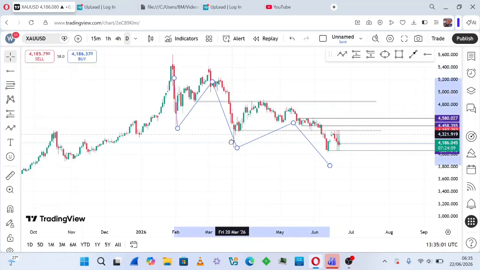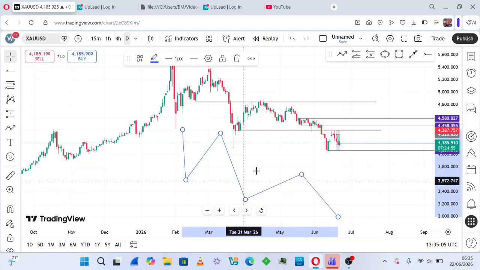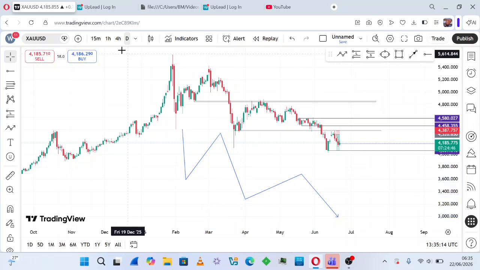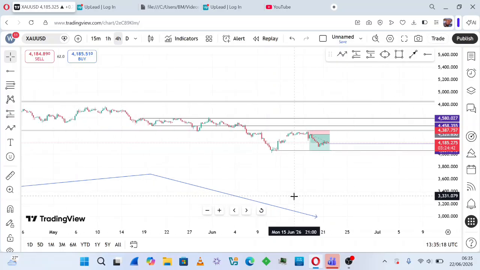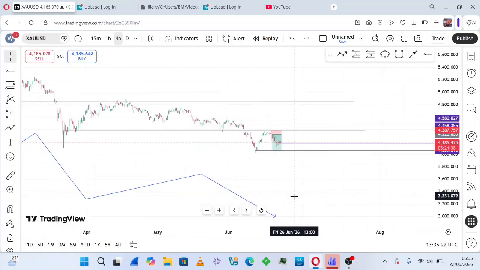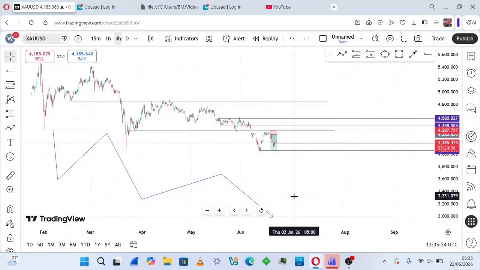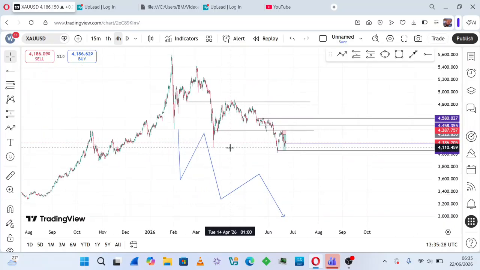These have given us where the market is going. Let's go to the 4 hours time frame. This is on the 4 hours time frame and the wave is kind of the same thing.